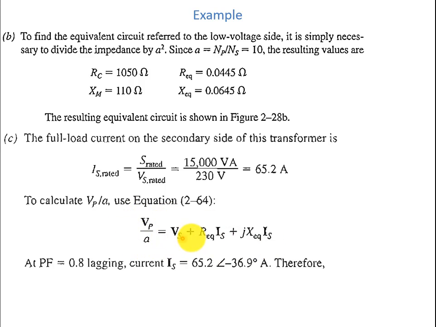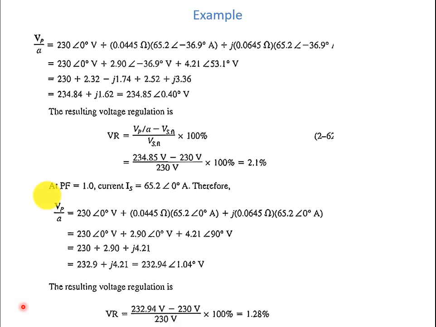So Vp over a can be calculated using this relation: Vp over a is equal to Vs plus R equivalent Is plus jX equivalent Is. At a power factor of 0.8 lagging, Is is 65.2 at an angle of minus cos inverse of 0.8, because that is the inductive load. Putting these values in, Vp over a will be 234.85 volts at an angle of 0.40.